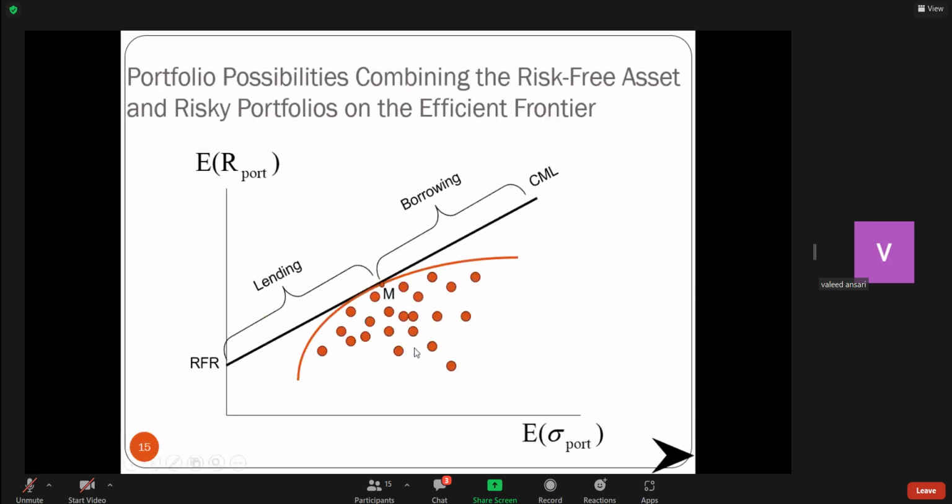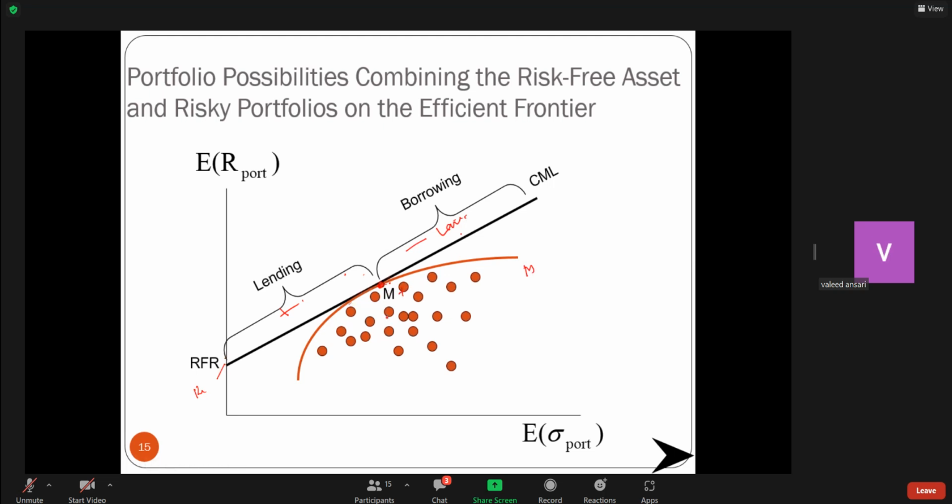Now this is the line which emerges after this, that this is the risk-free rate. This is the lending, and when you are using more money, it is risk-free plus risky. Borrowing means leverage. You are using not only your money. This was the Markowitz efficient frontier, and this was the most efficient portfolio, M or T, I have written there.